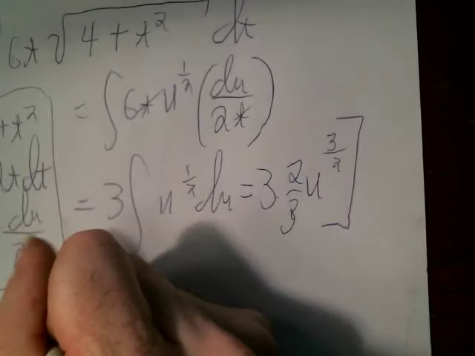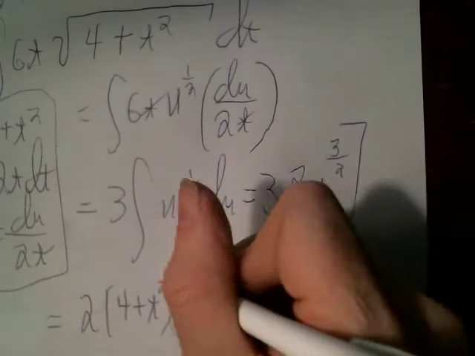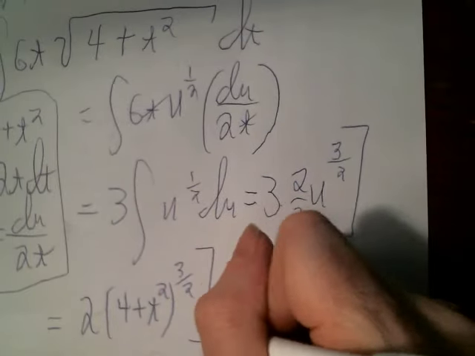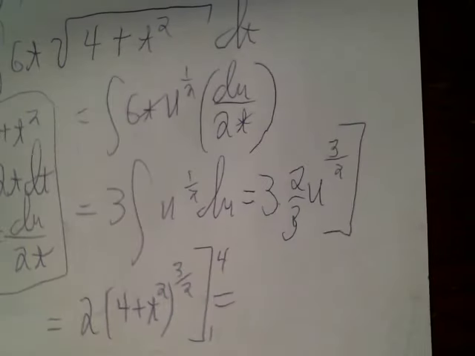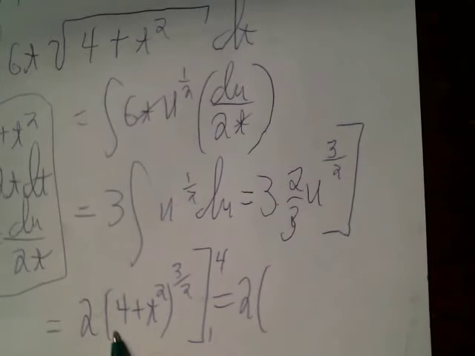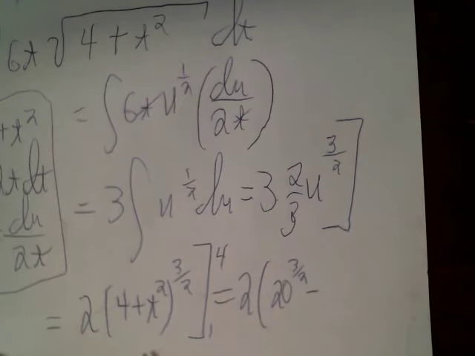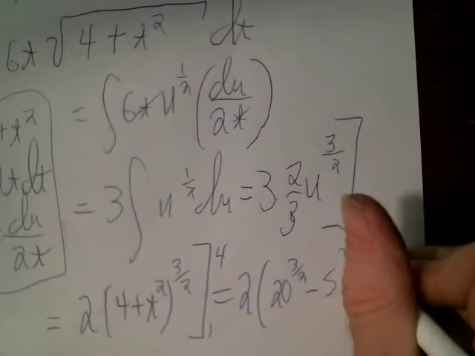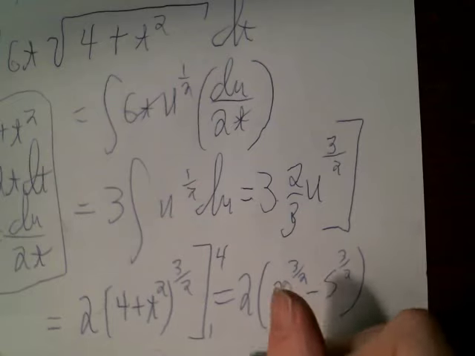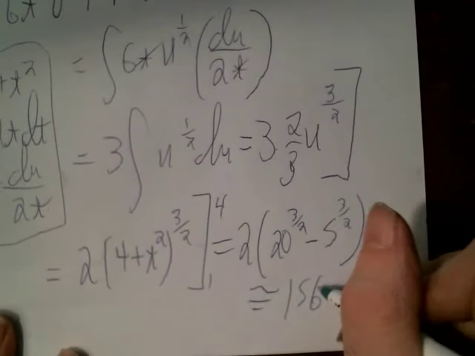Evaluate that eventually, so you'll end up with 2 times 4 plus t squared to the 3/2, evaluated from 1 to 4. So that would be 2 times 16 plus 4 is 20 to the 3/2 minus 5 to the 3/2, whatever the heck that is. And I got an approximation, 156.52.